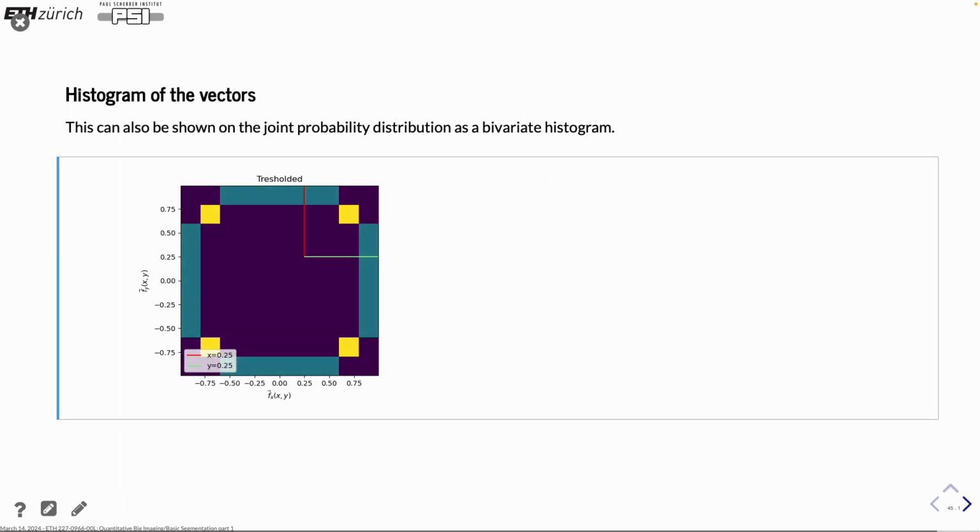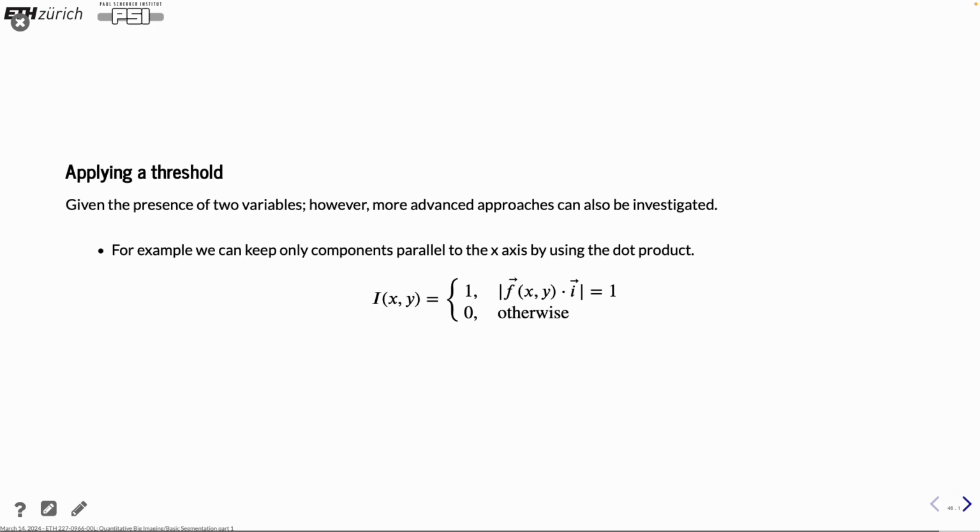And looking at other things, it's just a different way of looking at it. So this is a bivariate histogram, and then you can also see where these thresholds come in in this data set. And what we can also do is look at the dot product of different directions and set that.